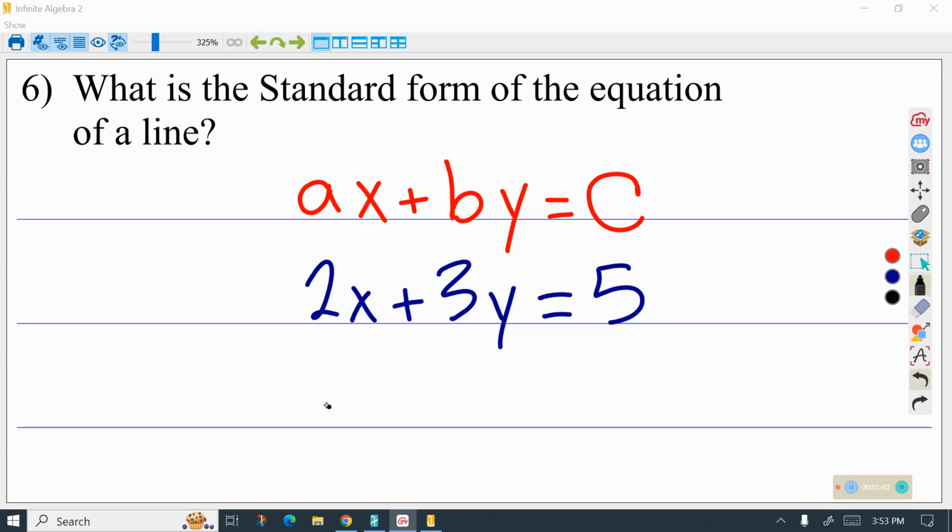This is telling me that a is equal to 2, b is equal to 3, and c is equal to 5. Get it? In standard form, we need to always have integers. So that's one key: a, b, and c are integers. They have to be, otherwise it's not technically in standard form. So we'll move on to the next thing.